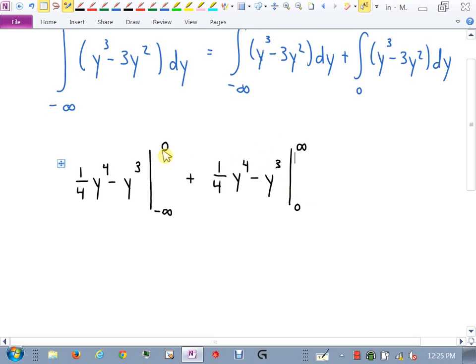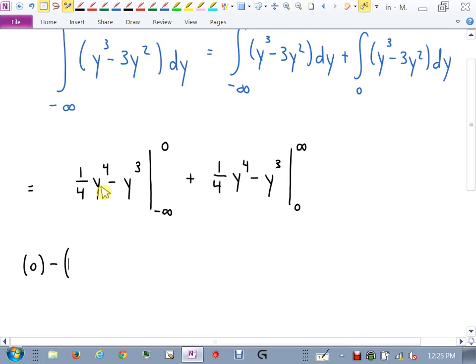If I plug 0 in here, what do I get? 0, so I get 0 there. Minus, now let's plug, be careful, negative infinity in here. What's negative infinity to the fourth power? It's positive infinity, right?